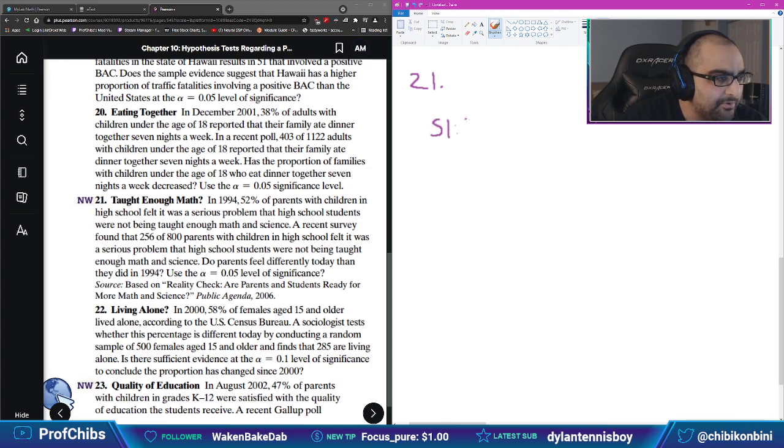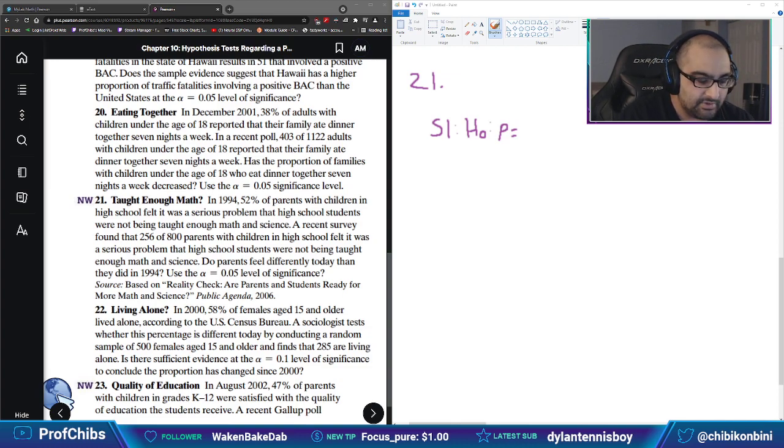All right, step 1 here, we gotta do the null hypothesis. What is the null hypothesis here in this case? What is p going to equal here? Maritza says 0.52.